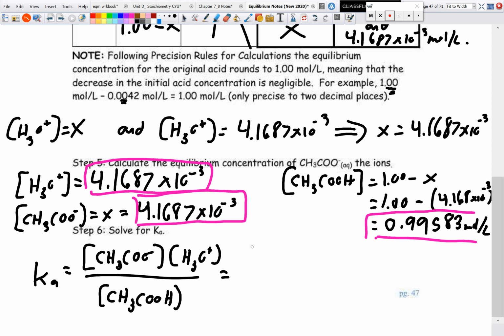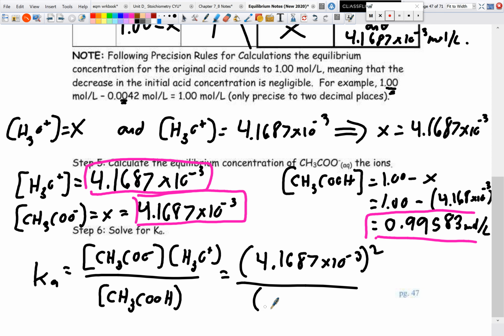There's a lot of writing for this, so I'm going to shorthand this because hydronium and the acetate are the exact same, and square it because we're multiplying the exact same thing together. And we end up getting, once we do all this, 1.8 times 10 to the negative 5.